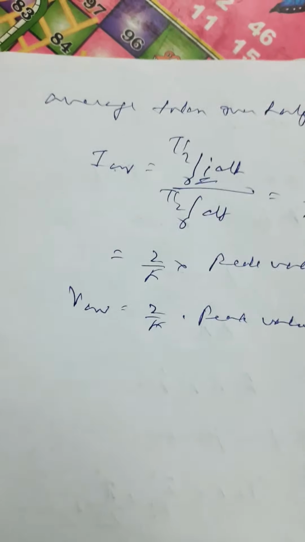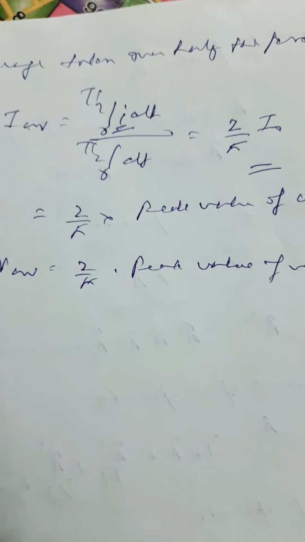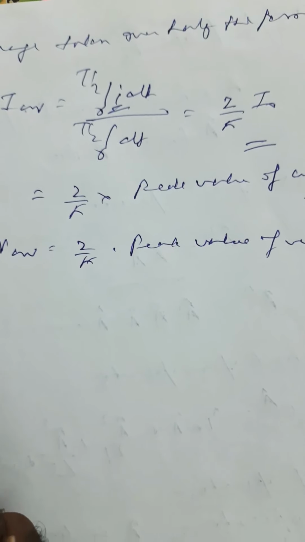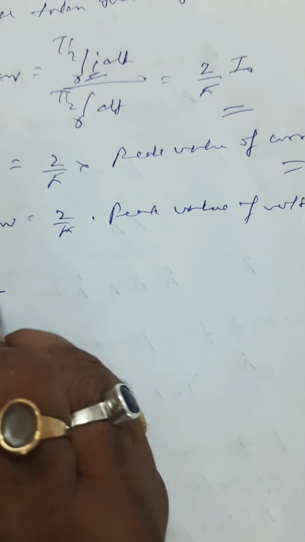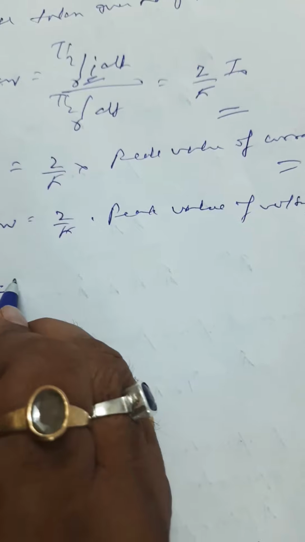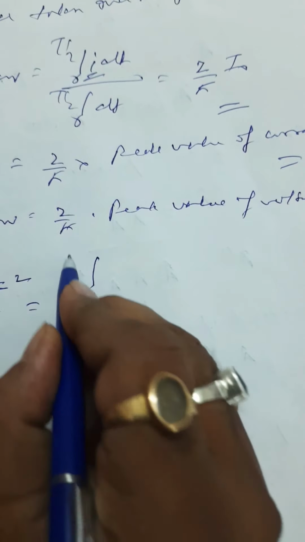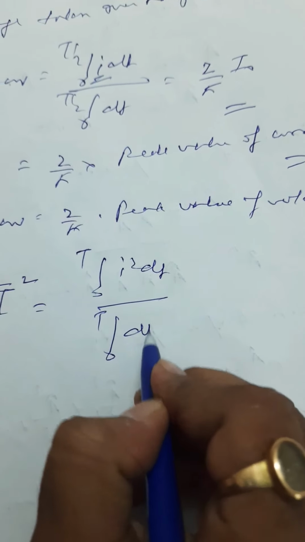Now what we know is that the AC is measured by the strength of the steady current which would produce the same heating rate. I mean, the square root of the mean square value. So the mean square value is given by I bar square, integral 0 to T of I square dt by integral 0 to T of dt.